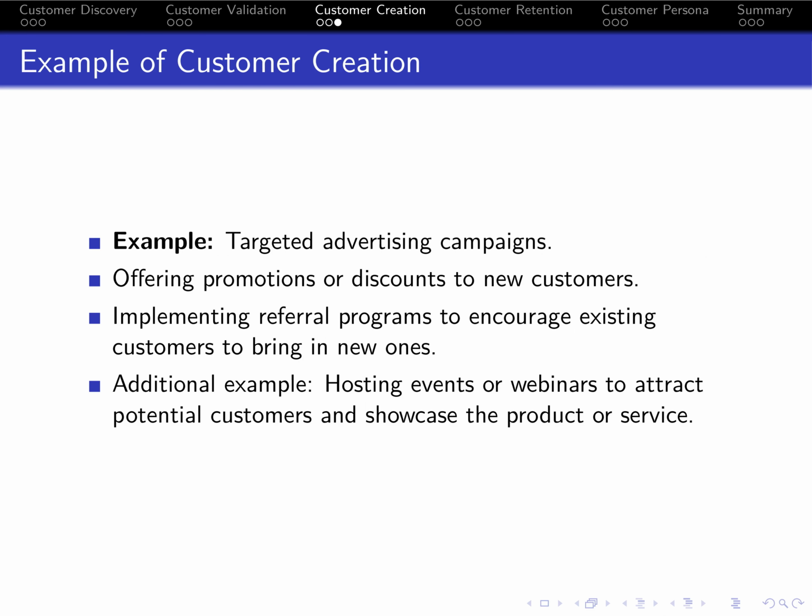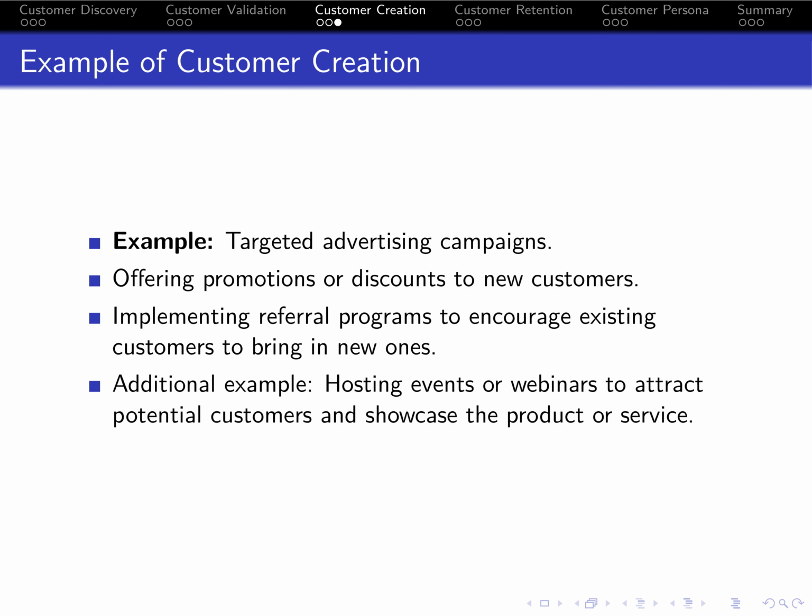Targeted advertising campaigns, offering promotions or discounts to new customers, implementing referral programs, and hosting events or webinars are all effective strategies for customer creation. These methods help businesses attract potential customers who are more likely to be interested in their products or services, incentivize individuals to make a purchase, leverage existing customers to bring in new ones, and engage with potential customers to showcase products or services.